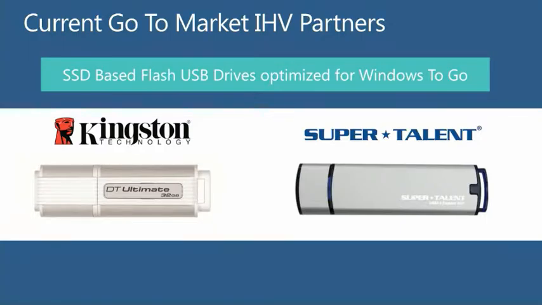Kingston aren't quite as easy on you as SuperTalent. The SuperTalent is the other one, the SuperTalent USB 3 Express RC8. What I will say is that with these two devices at the moment, they do run hot. So when you're running them, don't be surprised if the USB key picks up a bit of heat.